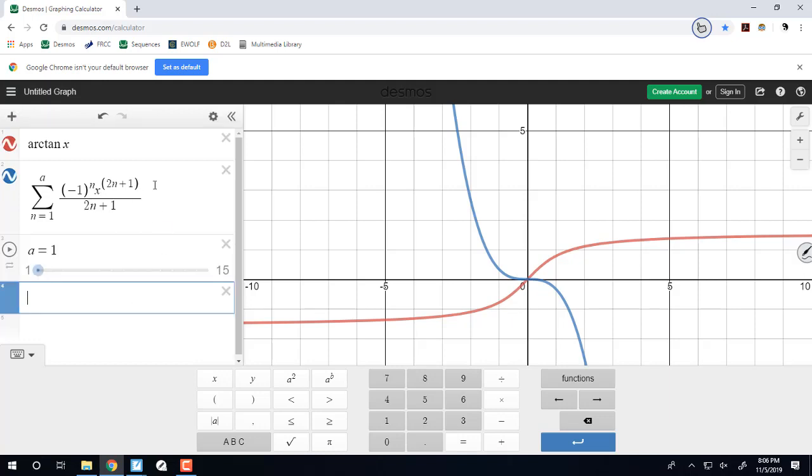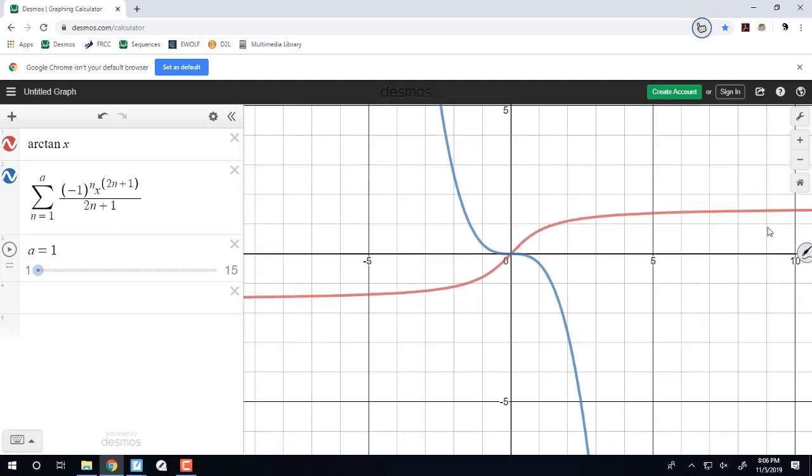All right, so what I mean is, if I have this function arctangent, as we'll see at the beginning of chapter 11, I can say that the arctangent is approximated by this particular polynomial. But what if I wanted to say that the arctangent is this polynomial out to the 15th degree, let's say?